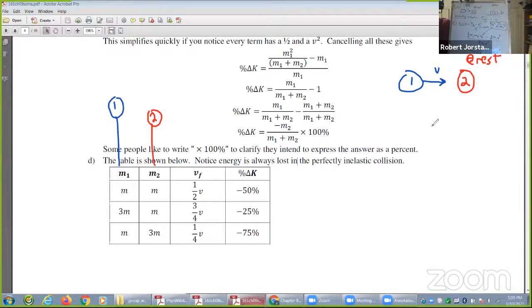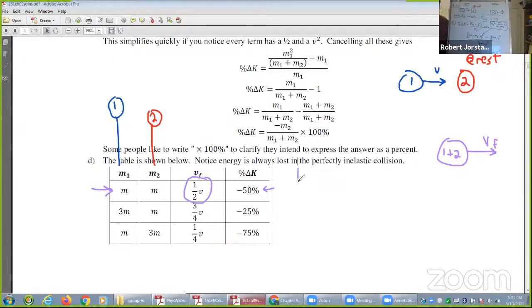Afterwards, they collide and stick together and become 1 plus 2 and fly off with some speed v final. Look at this chart and see if this makes sense. Let's start with the first line. If you have equal mass objects, the velocity cuts in half, the speed cuts in half, the energy cuts in half. This is not that unreasonable.